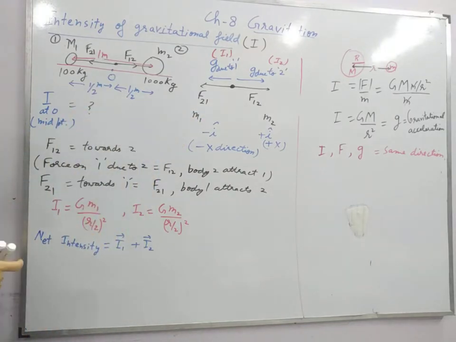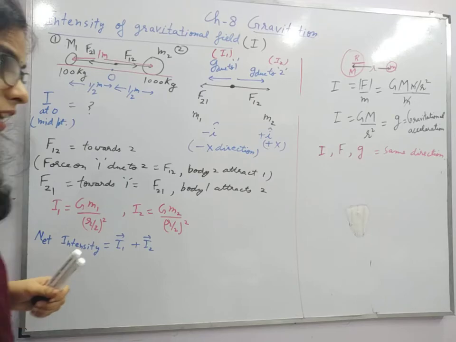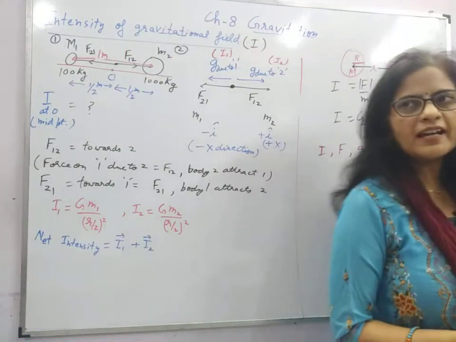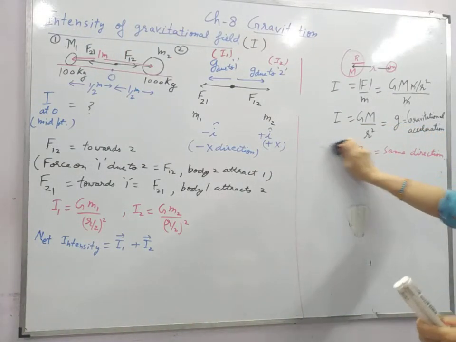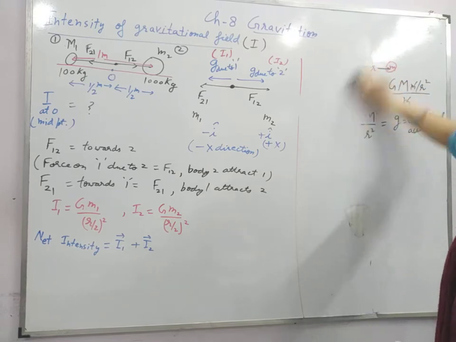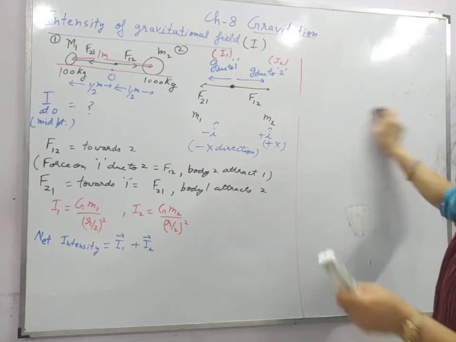Now whenever we write a vector, we write it as a combination of magnitude and direction.